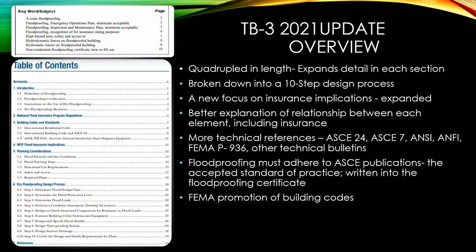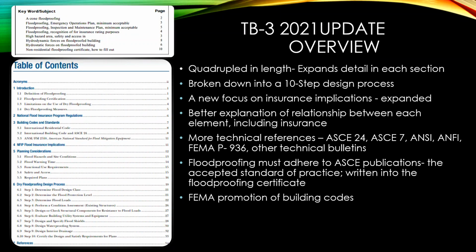It really is a more holistic document that gives a good explanation of how all of these things are related to each other. And then there's more technical references. Like I mentioned, ASCE 24 and ASCE 7 have to be complied with. And then there's a couple of reports that they mention that have tested certain floodproofing products for accuracy for what they're rated for.